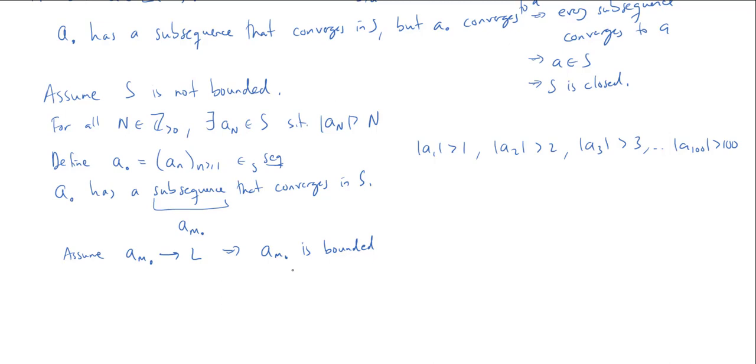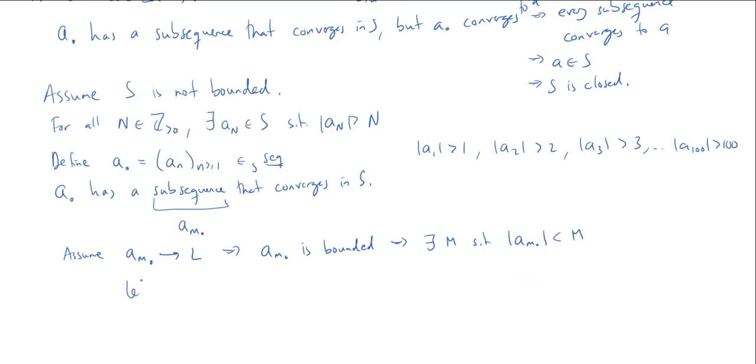Okay, how do we see that precisely? Let's see. If A_{m_k} is bounded, what would that mean? That would mean that there exists some M such that every element in A_{m_k} has absolute value less than M. But, well, what if we just looked at the absolute value of, well, we'll do it this way.